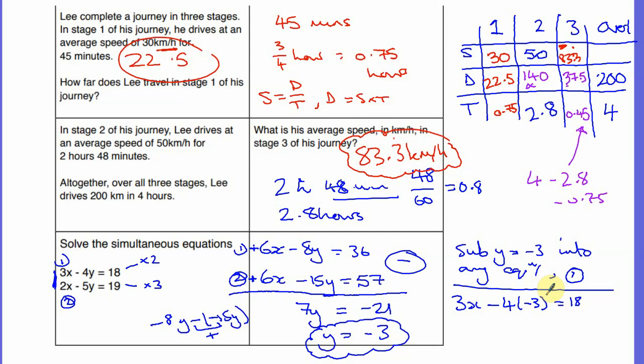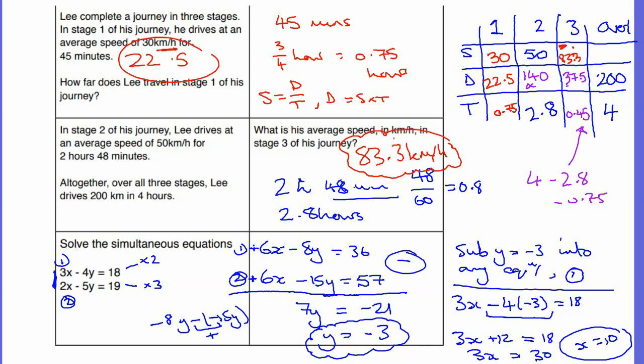Negative 4 times by negative 3 is what we're doing there. That's going to leave me with positive 12. So 3x plus 12 equals 18. So 3x equals 30, adding 12 to both sides. So therefore x equals 10.